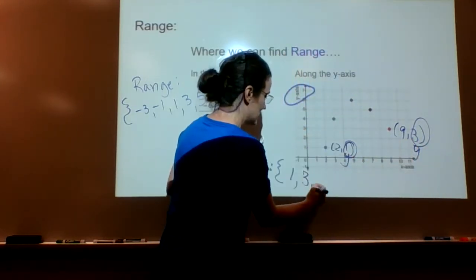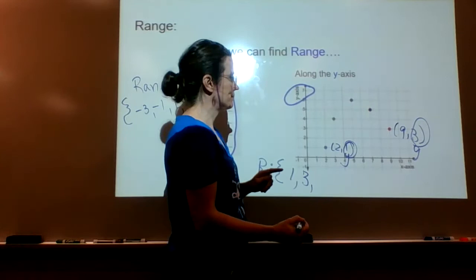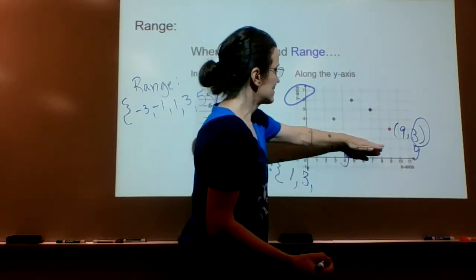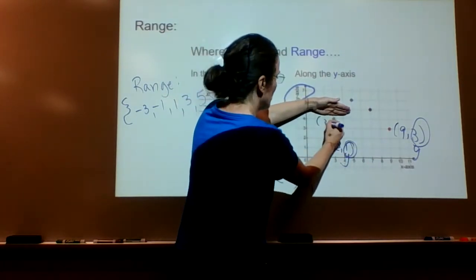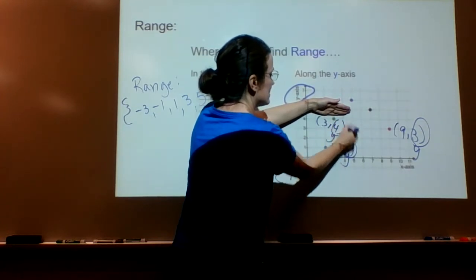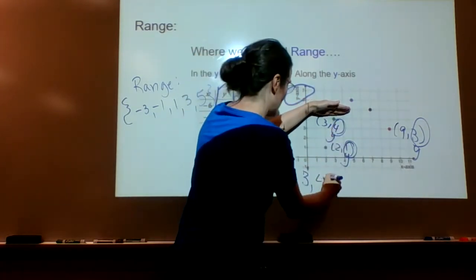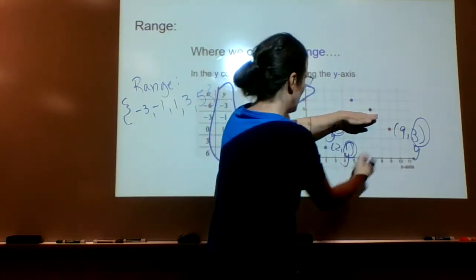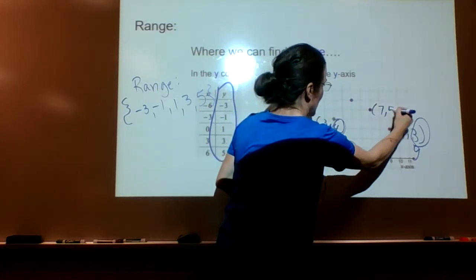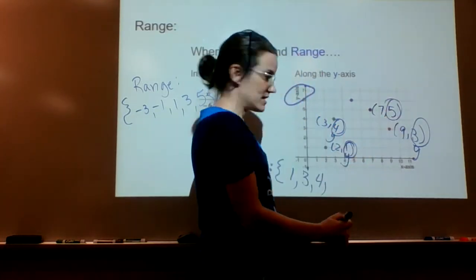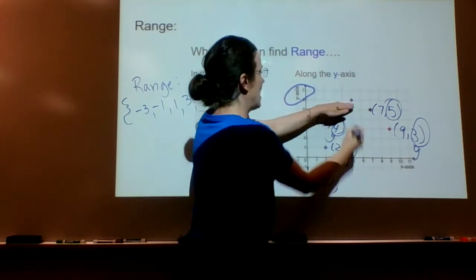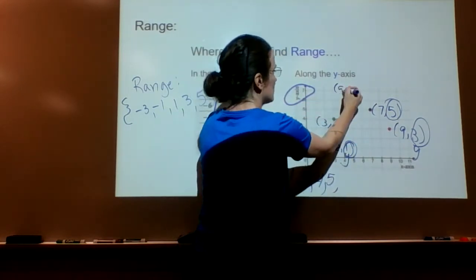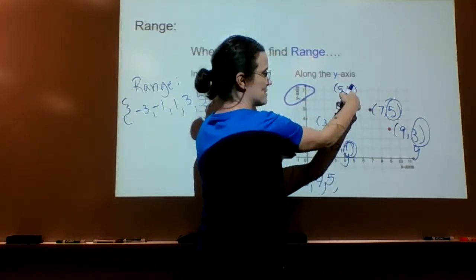So 3 is in my range. The next highest point is up here, and its y is 4. So 4 is in the range. And this one at (7, 5), 5 is going to be in my range. And then my last one is over at (5, 6). Its height is up at 6.